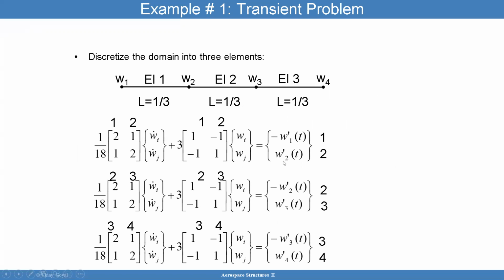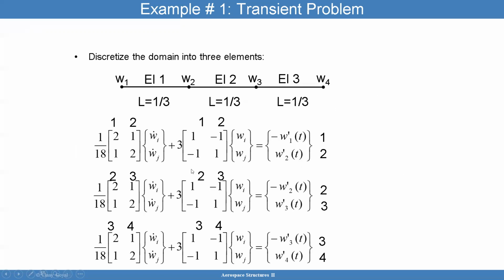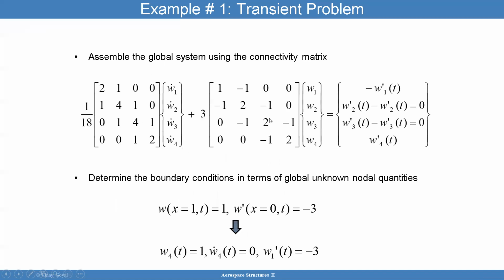I can then assemble these equations into a mega equation because you can see here that I have this for node 1 and node 2, but element 2 is node 2 and node 3, and element 3 is node 3 and 4. So there is a way to bring everything together, and when I do that, I get this 4x4 matrix. I apply the boundary conditions.